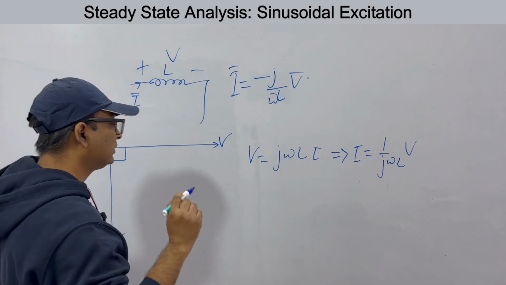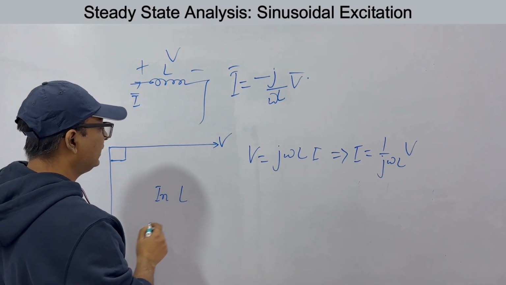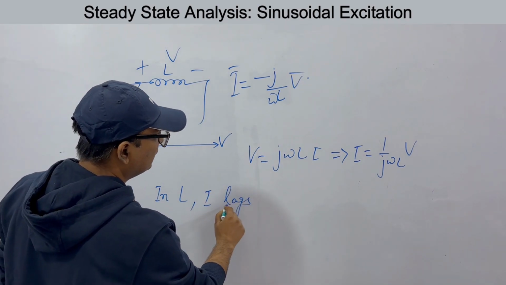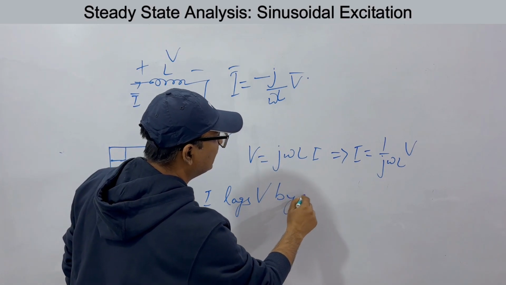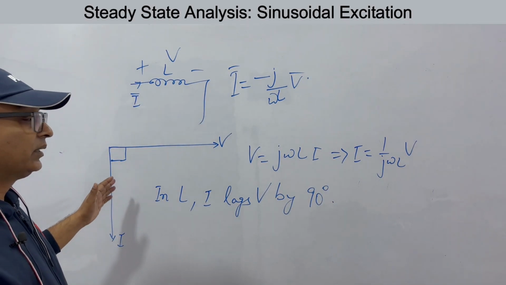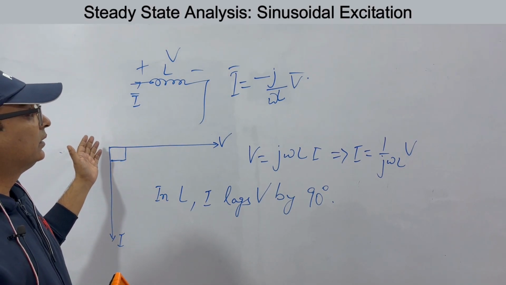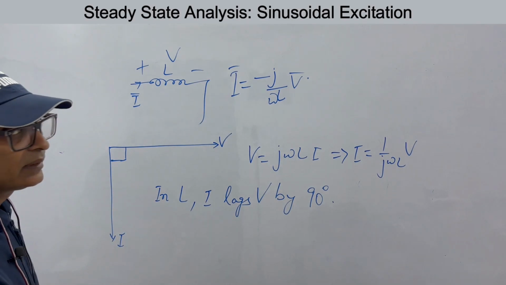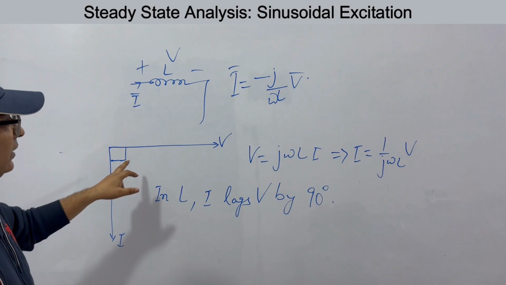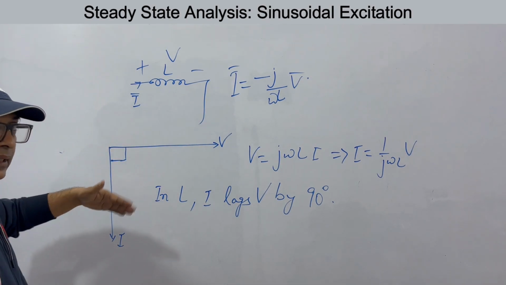I am writing this, keep this in mind. In inductor, I am using L for inductor. In L, current lags voltage by 90 degrees. This is very important. Later on you will realize what it means, because our circuit is having sinusoidal excitation, so we will have to understand these things. So this is about inductor. Clear? Phasor of inductor: if this is V, I will lag by 90 degrees.